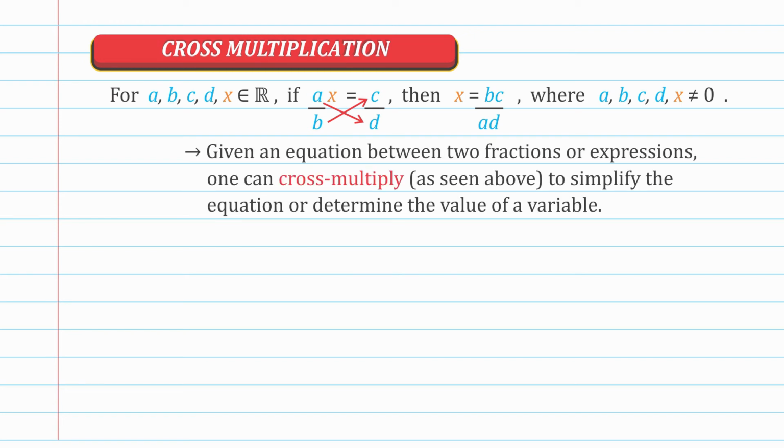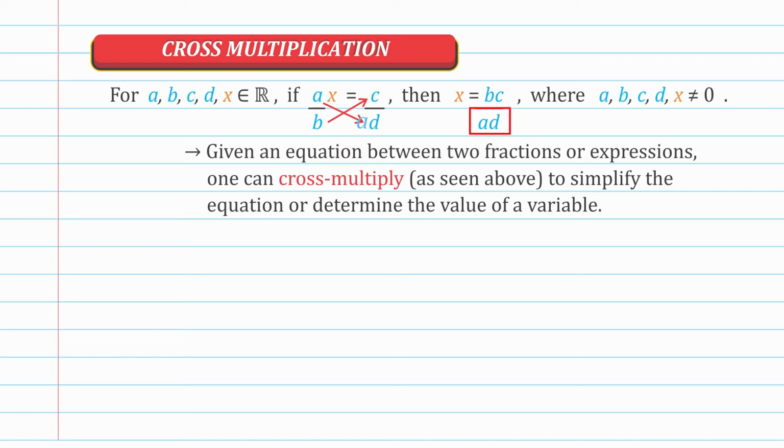This means that given an equation between two fractions or expressions, meaning fraction on the left, fraction on the right, one can cross-multiply as seen above to simplify the equation or determine the value of a variable. Now, cross-multiplication means if we look at a on the left side here, it can cross the equal sign and be multiplied with d.